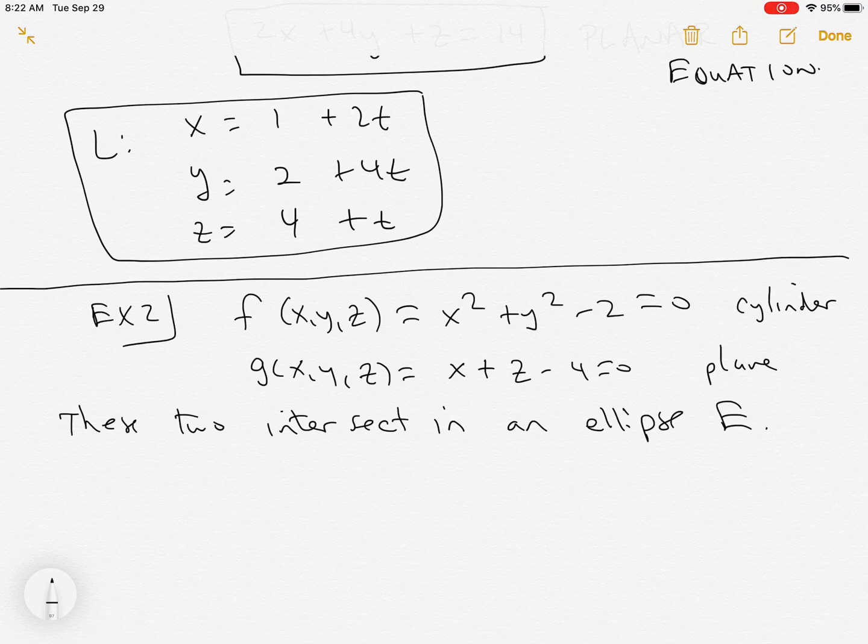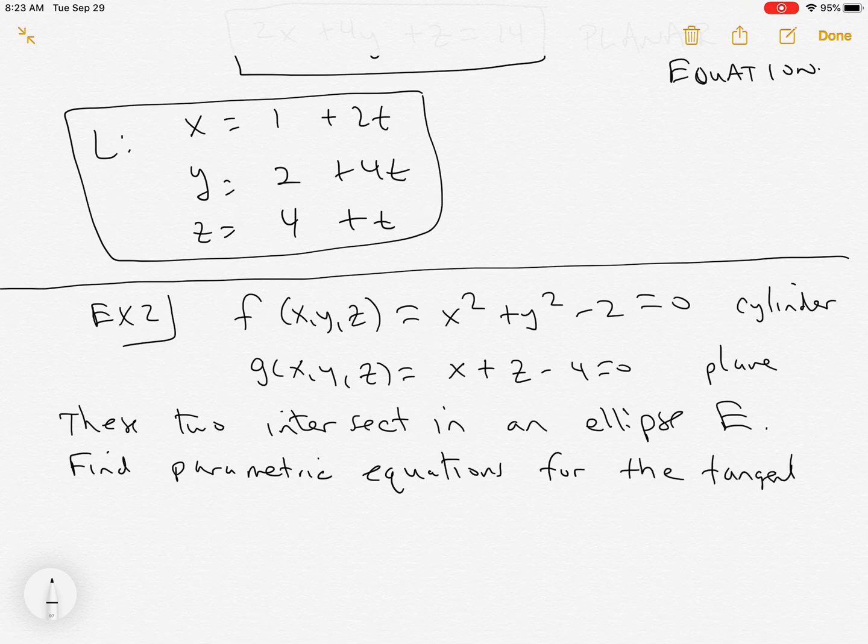Okay. All right, what we want to do is find parametric equations for the tangent line to this ellipse E at the point P naught, which is 1, 1, 3.